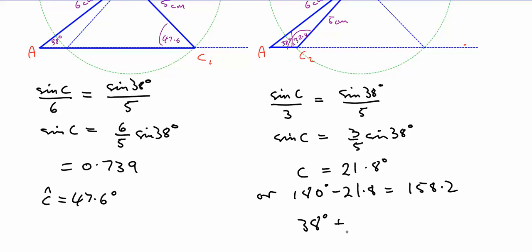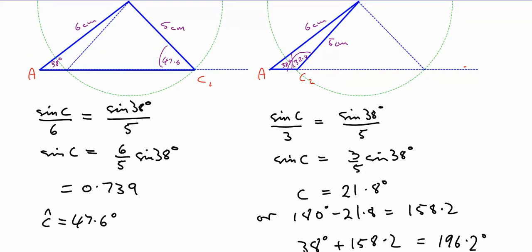If we then have another angle of 158.2, if we add those two angles up, we get 196.2 degrees. So our two angles of the triangle would add up to 196.2. Well, it's impossible to have a triangle whose total angles is more than 180, therefore this is not a possibility.